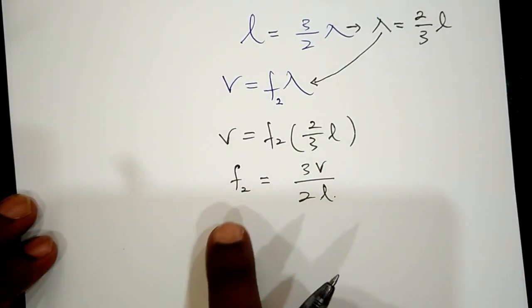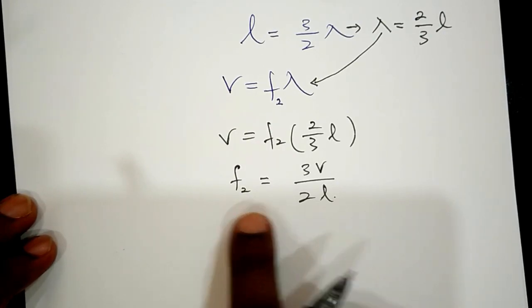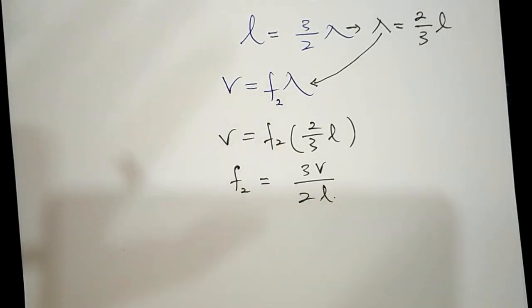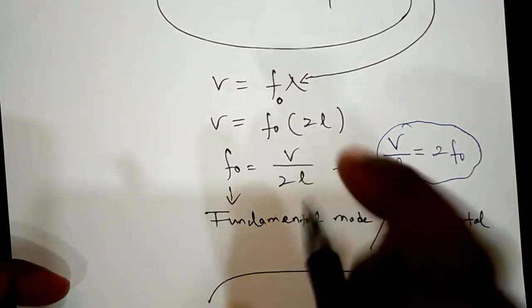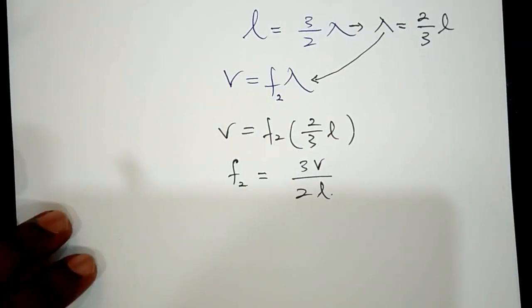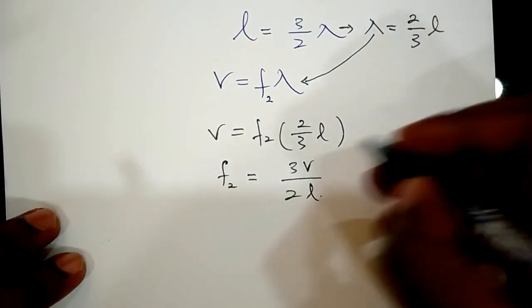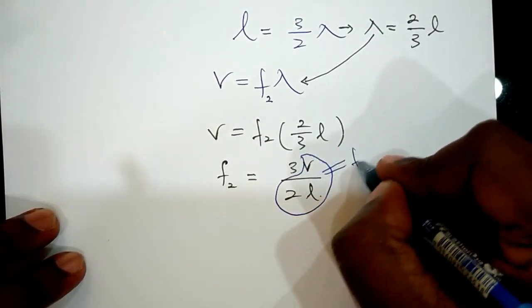So if we write the second overtone in terms of F naught, here is V over 2L. So V over 2L is F naught.